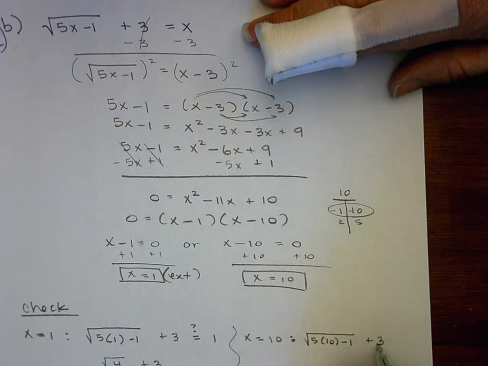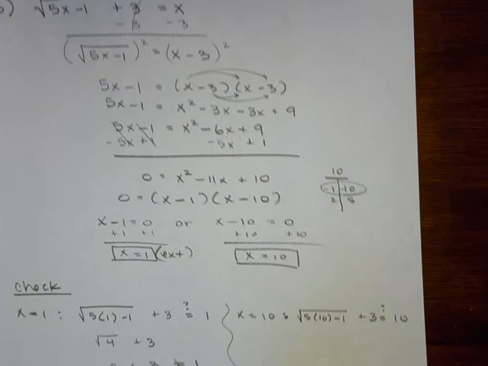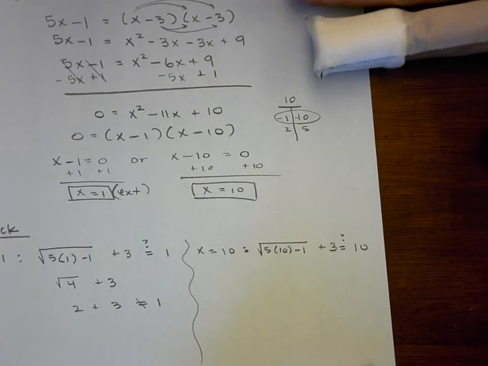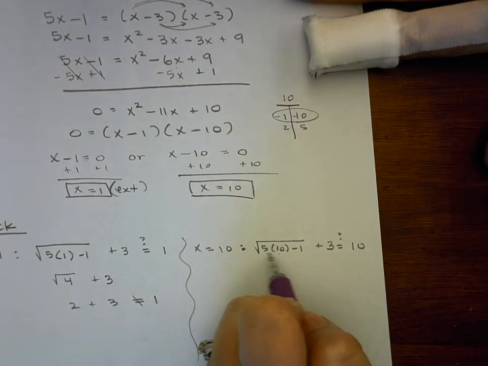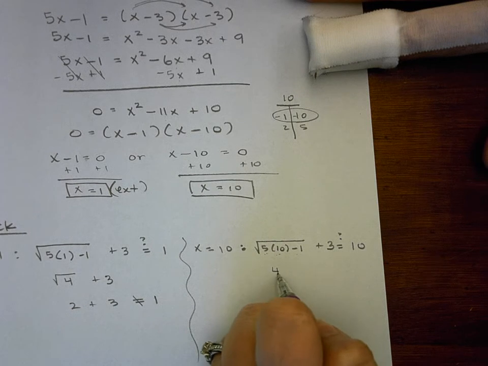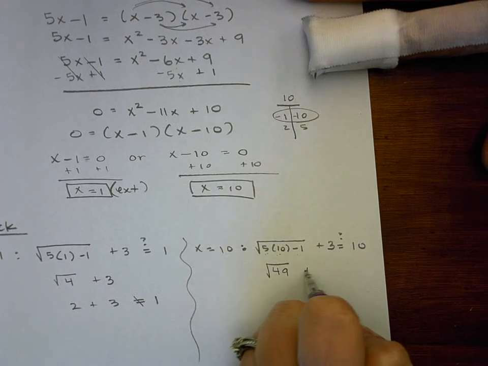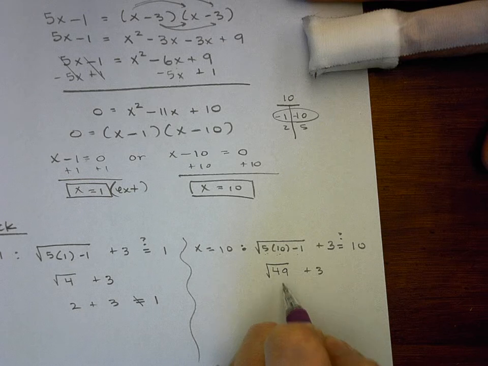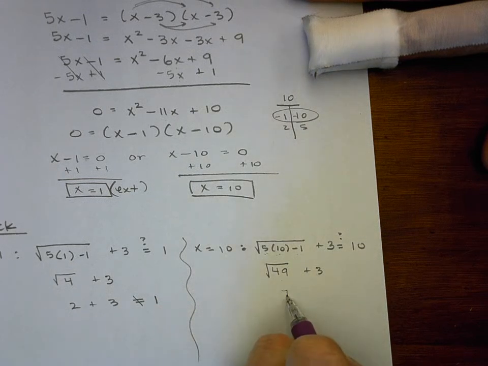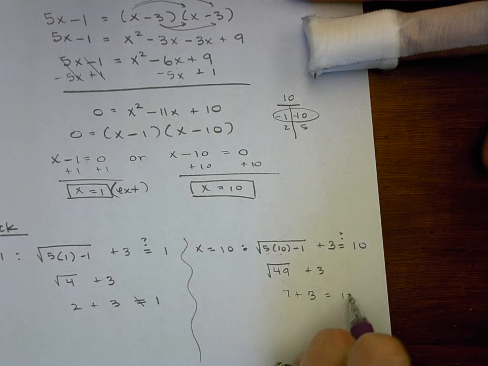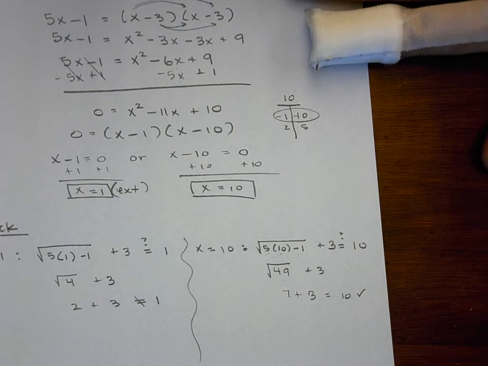And I want to know, does that equal x, which is 10? So hopefully it does, because one of these should work, right? So then this would be 50 minus 1. So I'm simplifying, not solving. So the square root of 49 is 7, and does 7 plus 3 equal 10? Yes. So then 10 is my solution.